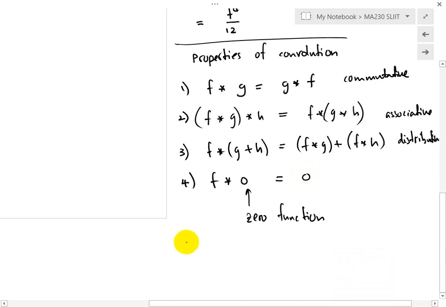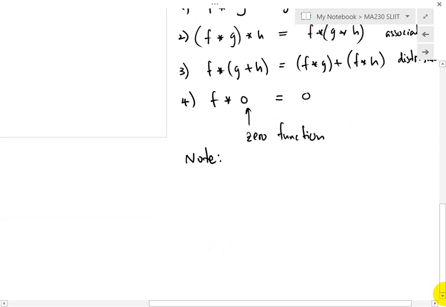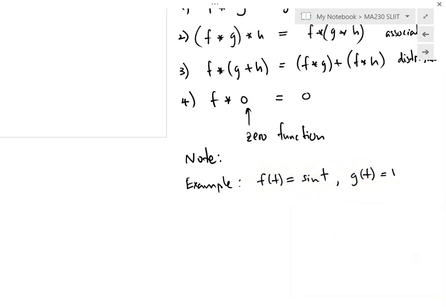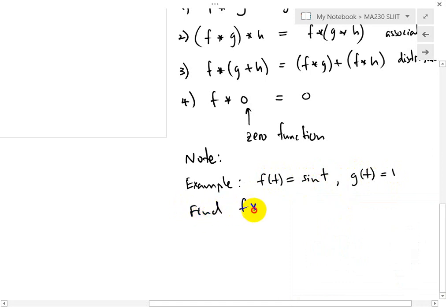Here you may need to note this is not the product. Of course, if it were the product, why would I have to use a different name and a symbol, right? So to see that, let's say for example your f of t is the sine function, sine t, and take g of t to be just 1. So find f convolution g. Can you quickly find this?